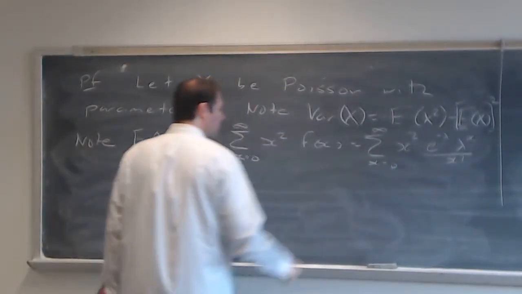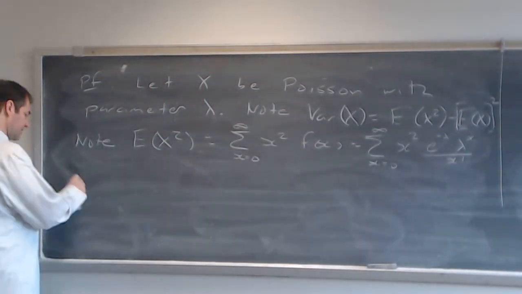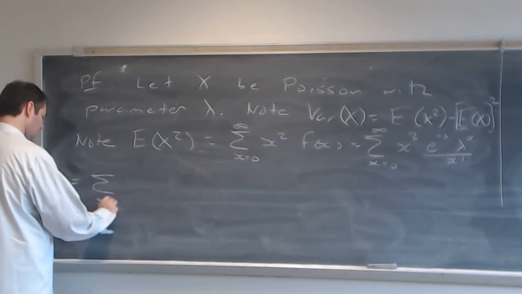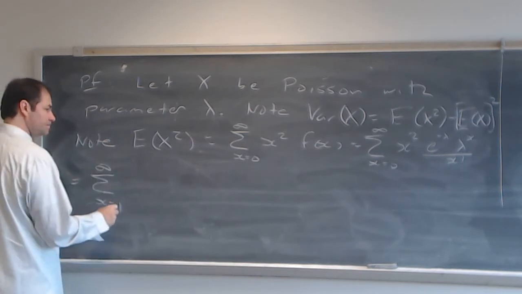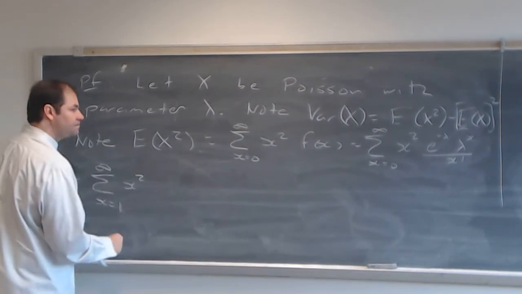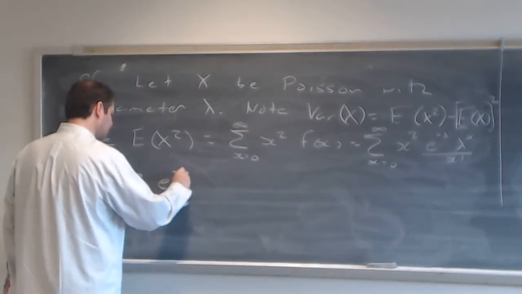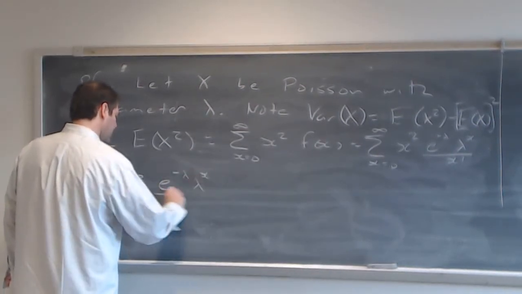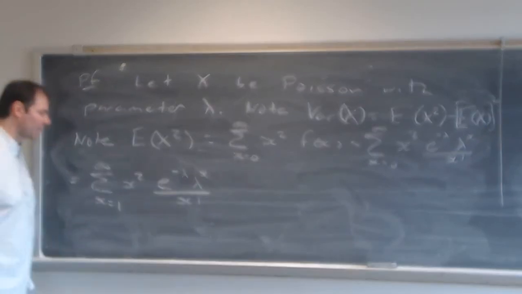Again, when x is 0, the first term in this sum is going to be 0. So might as well start the sum running from 1 to infinity of x squared e to the minus lambda, lambda to the x over x factorial.